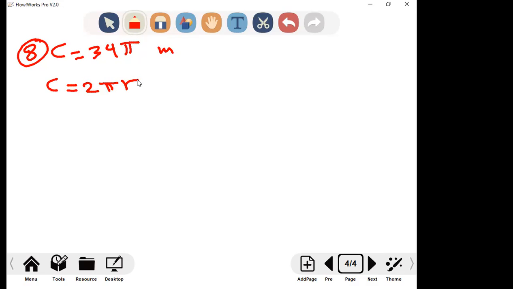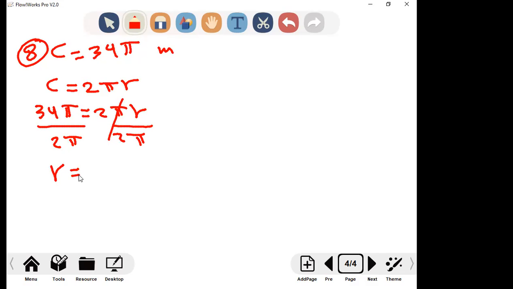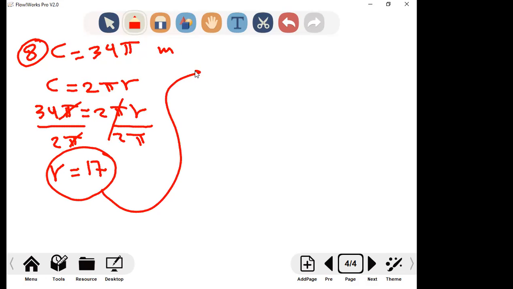The circumference 34 pi equals 2 pi r. Same steps, divide both sides by 2 pi. So r will be 34 divided by 2, 17. Use the formula now of the area, pi r power 2, and use the radius 17, which you found, right?